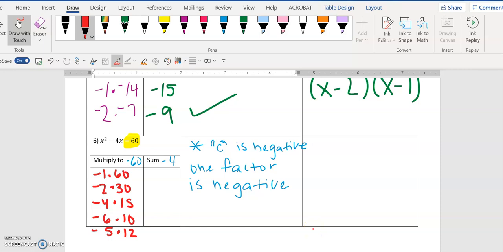All right, continuing here. So we're looking for one factor positive and one factor negative.